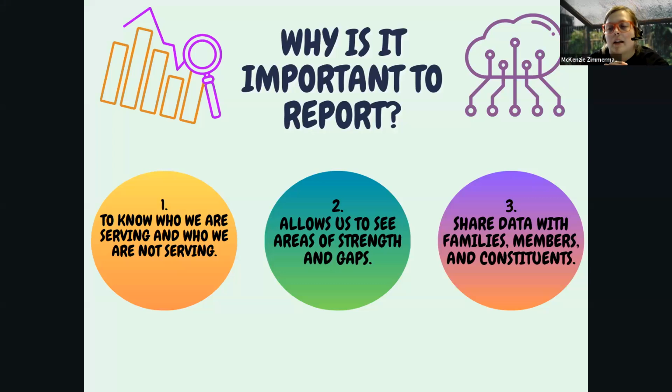And then this third one is more of a higher level of reasoning, so that way we can take this data to share with our families. A really good example is to share with them, this is all that your kid has learned in this past program year.